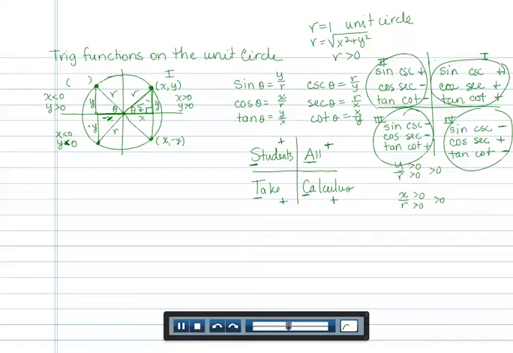Then we learned how to use that information. Some of the other things we learned was, if you are given a point (8, negative 6) on a circle, find the exact value.